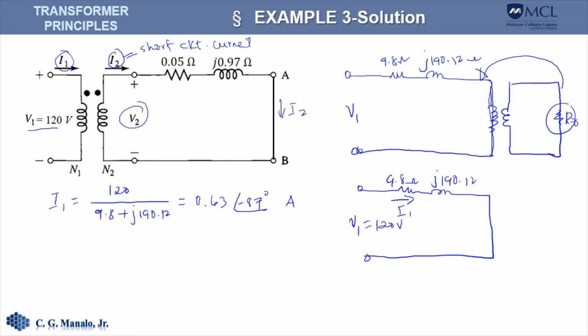Since we know that I sub 1 over I sub 2 is equal to 1 over A, we can compute for I sub 2, which is A times I sub 1, equal to 8.82 with the same phase angle as I sub 1.